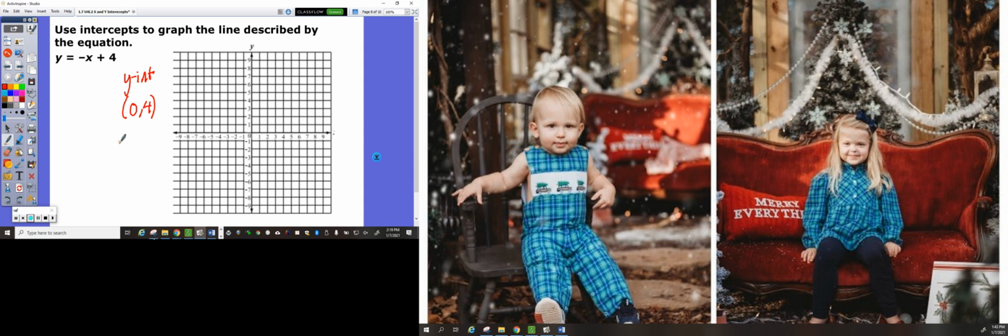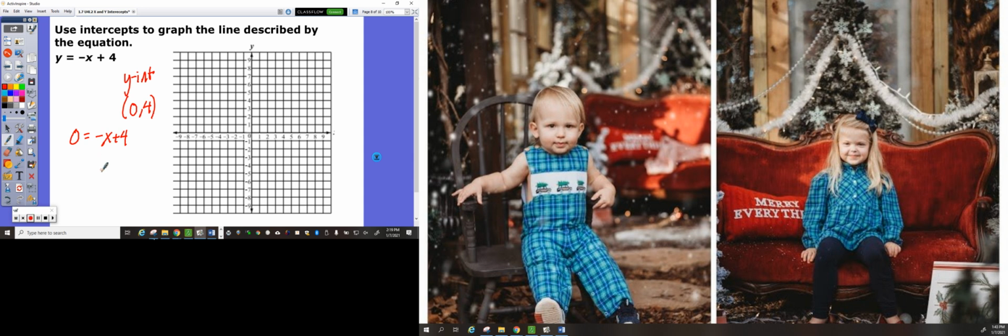So therefore, if I'm solving for the x, I have 0 equals -x plus 4. Now, how do I solve for this?